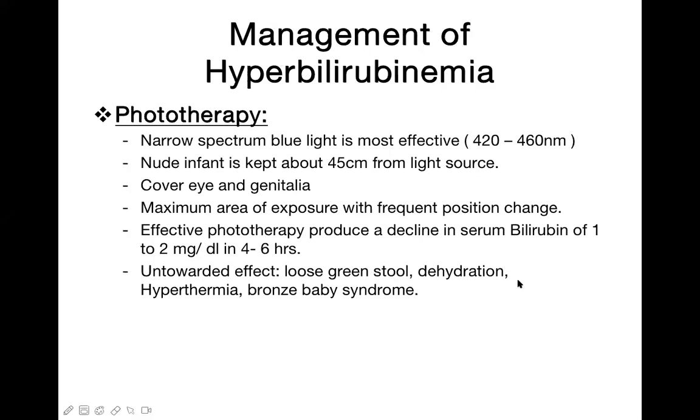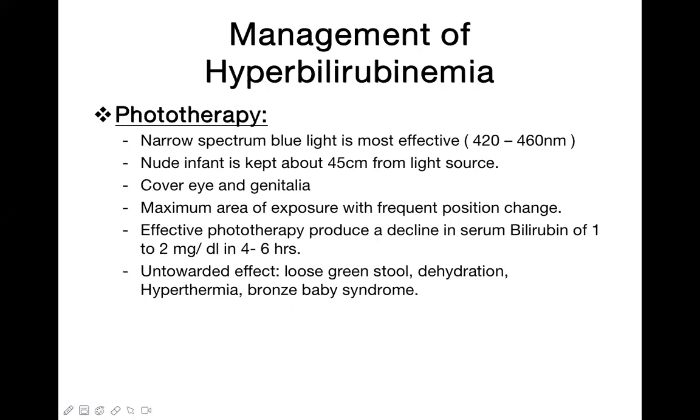This is necessary. And when we give phototherapy, we need to cover the eyes and genitalia, because they will be damaged by persistent exposure to the light. This is an important point. For maximum area of exposure, we need to frequently change the position of the baby so that it will be highly effective.